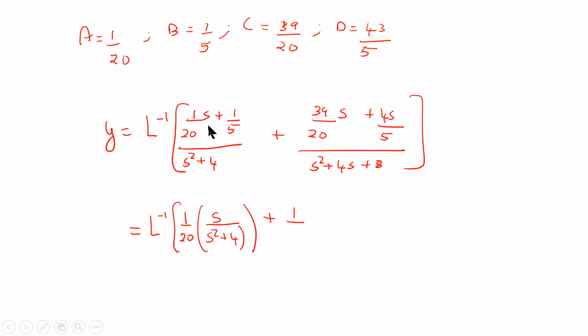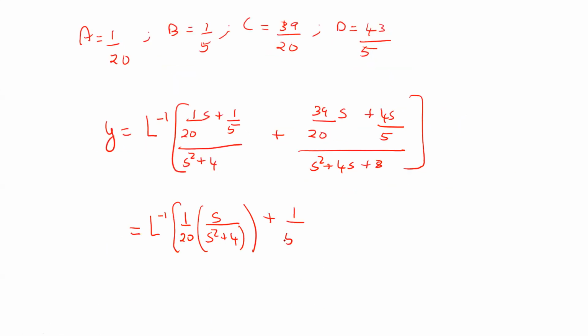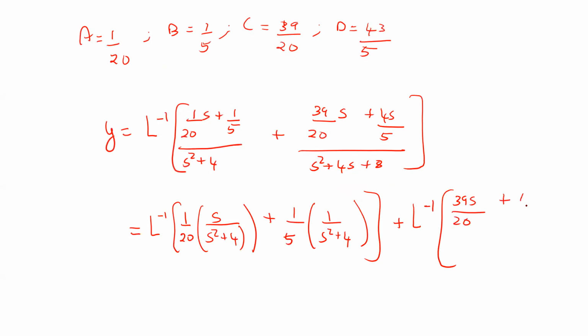Again we split this into two terms, and we keep the remaining as a separate term: the Laplace inverse of 39s by 20 plus 4 by 5 over s square plus 4s.